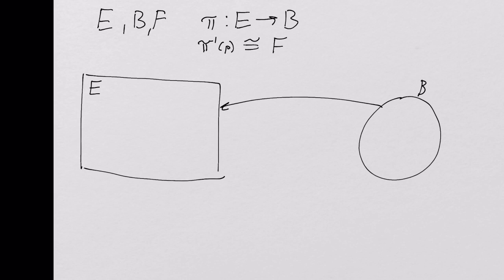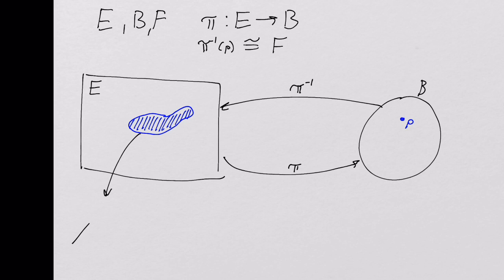And we have the projection, pi, and the inverse projection, pi inverse. And what we know is that any point in B, a point P, will land over here in E, and it lands as a full-size set somehow, and that full-size set is ultimately diffeomorphic to the fiber.